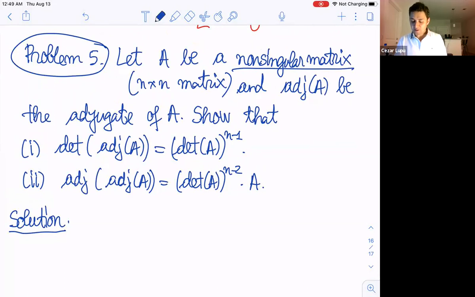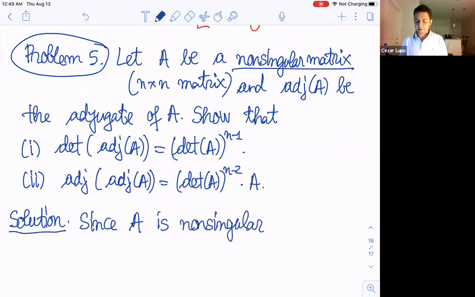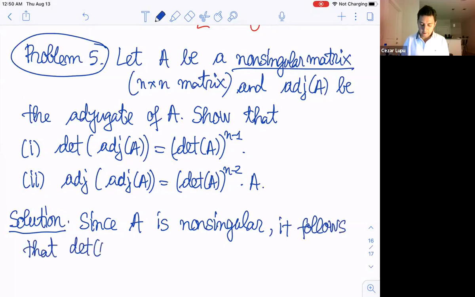Okay, this is a non-singular n by n matrix. Well, we know that non-singular matrices, basically it's the same thing as A being invertible, and therefore the determinant is non-zero, right?